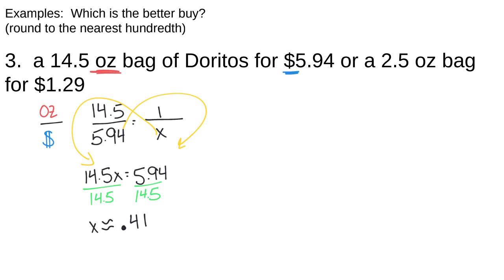In the second case, we have 2.5 ounces, and it's costing us $1.29. And we again want to know how much money, there's my X, for 1 ounce. In order to solve, we're going to again cross multiply. So X times 2.5 and 1.29 times 1.